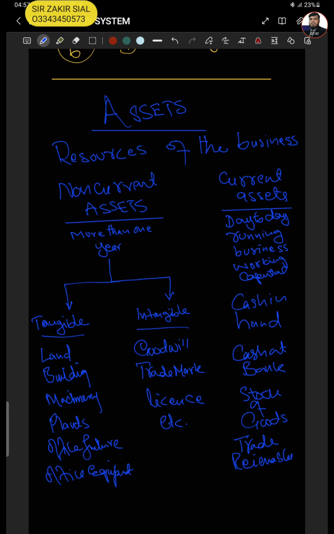And current assets are which we are using on the daily basis, for the working capital requirement of the business, like cash in hand, cash at bank, stock of goods, trade receivables. These are already cash or can be easily converted into cash. But non-current assets cannot be easily converted into cash. It may take some time. So non-current assets are not liquid assets, but current assets are liquid assets.